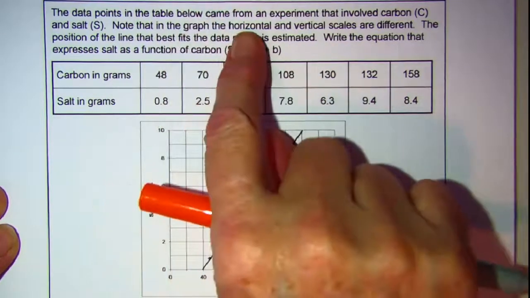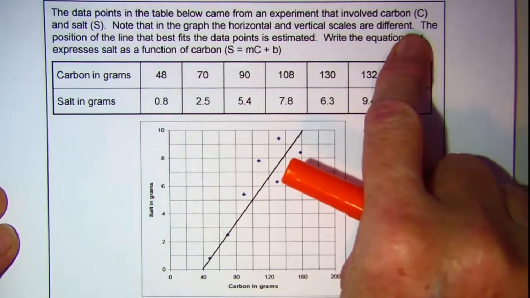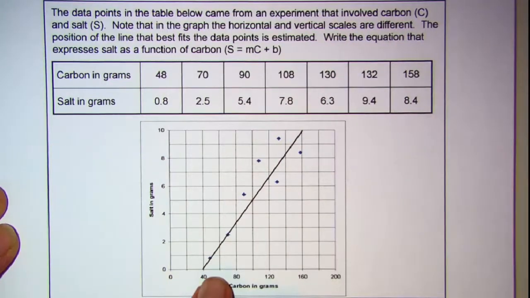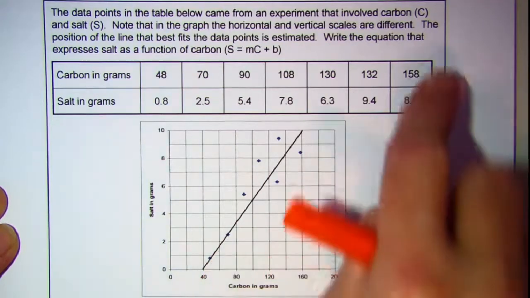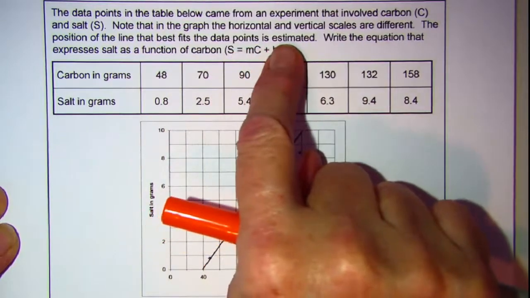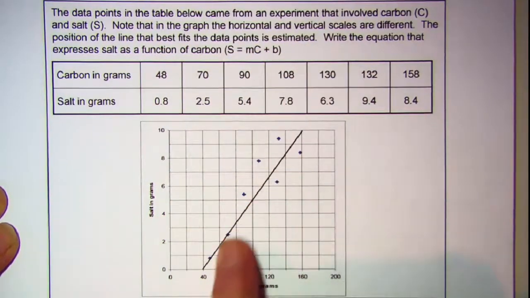Note that in the graph, the horizontal and vertical scales are different. This is important for you to notice because you won't be going up one and right one like we would if the scales were equal. The position of the line that best fits the data points is estimated, and that would be this line that's drawn right here.